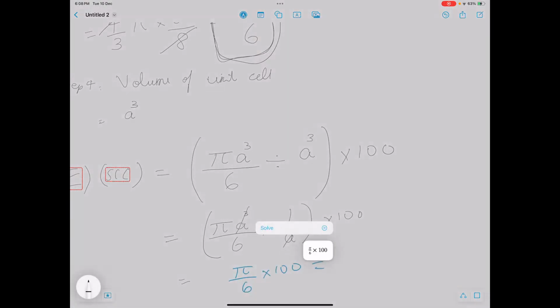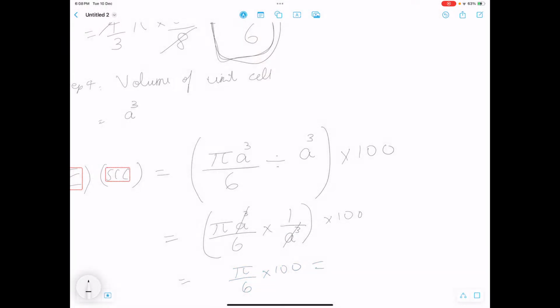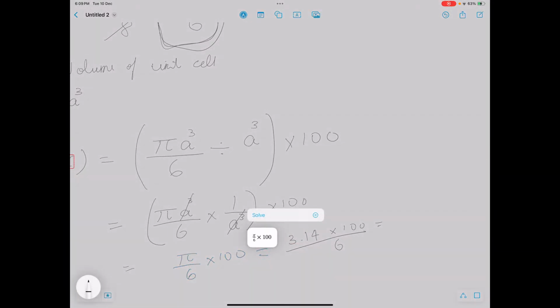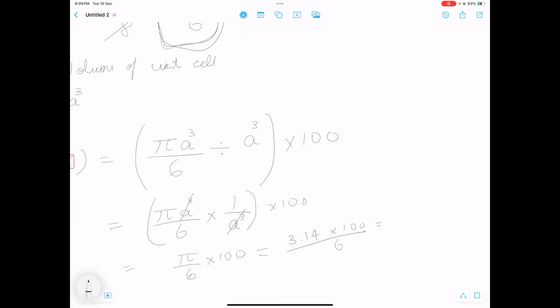As you simplify this, you can write this as 3.14 into 100 by 6. Also, you can change the decimal point, remove the decimal point.